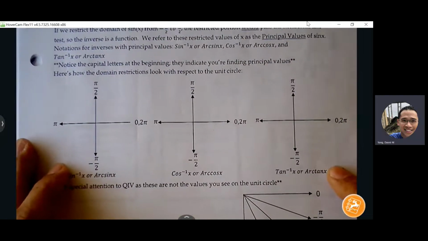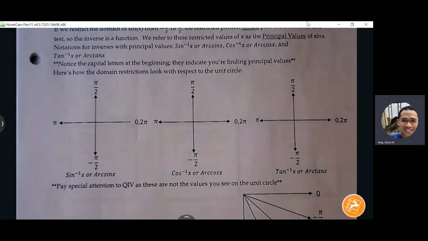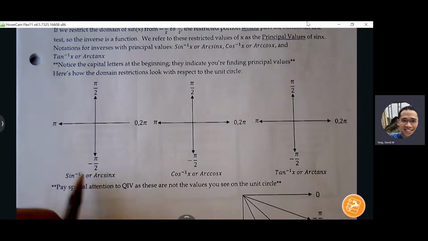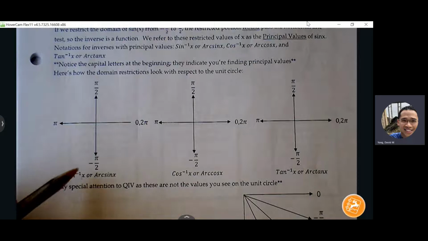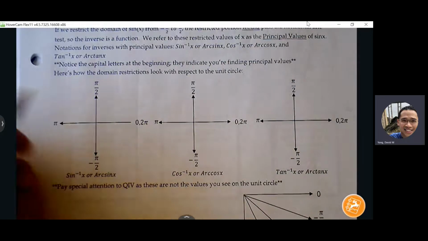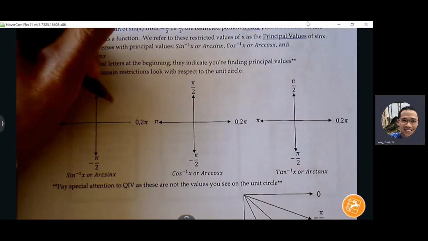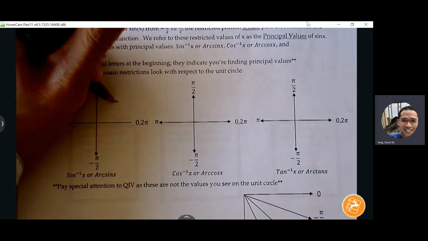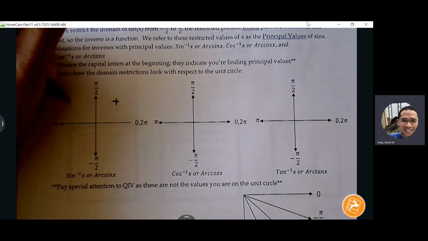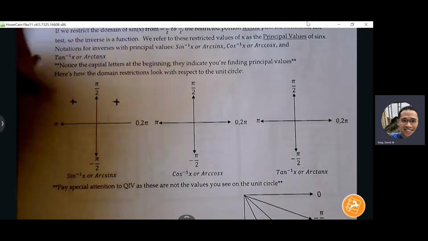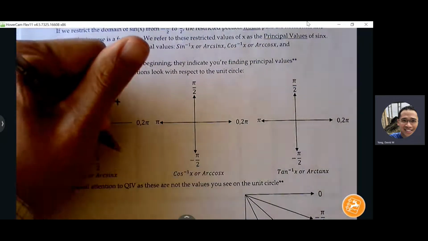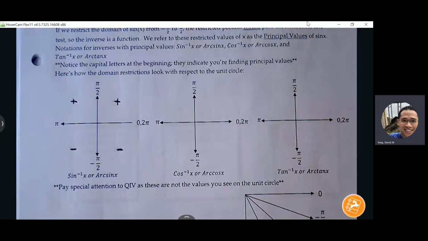Okay, so here's how the domain restrictions look with respect to the unit circle. Okay, let's talk about each of the quadrants. Okay, so for sine, first quadrant is what? Positive or negative? Positive. Second quadrant is positive. Third quadrant is negative, and the fourth quadrant is negative. Okay.